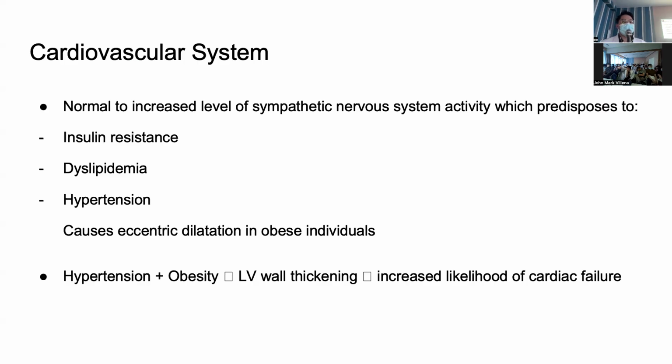They have normal to increased levels of sympathetic nervous system activity, predisposing to insulin resistance, dyslipidemia, and hypertension. And if the patient has hypertension and diabetes, this results in left ventricular wall thickening and increases the likelihood of cardiac failure.